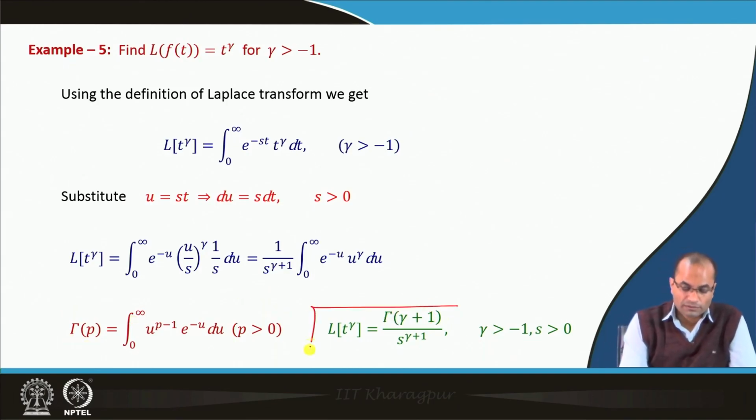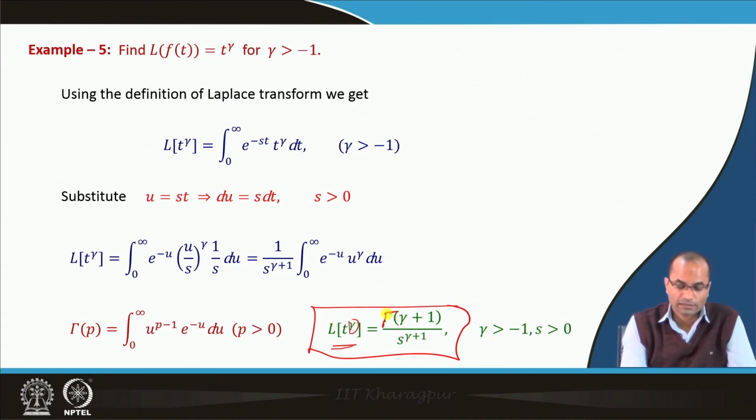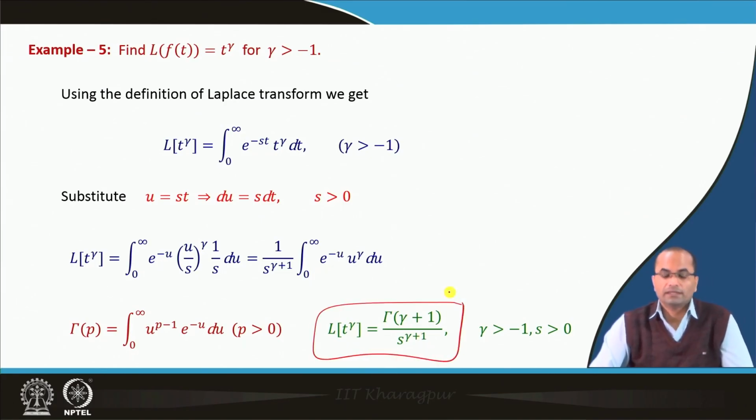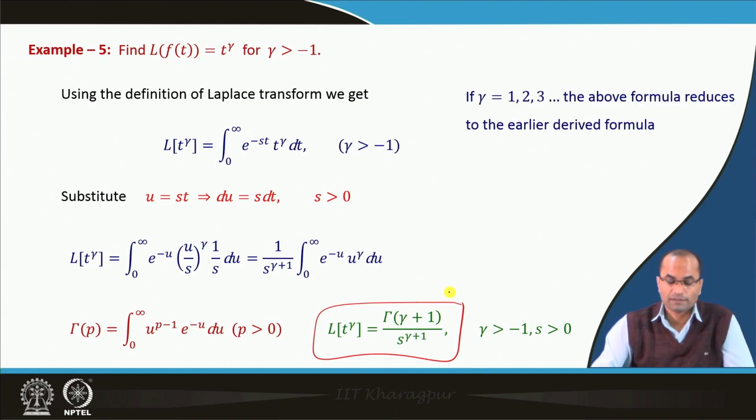So, we got the Laplace of t power gamma, where gamma here is a real number, and then there is a gamma function. So, both are named gamma. Here the gamma function of gamma plus 1 divided by s power gamma plus 1 is the formula which we have for t power any real number greater than minus 1.